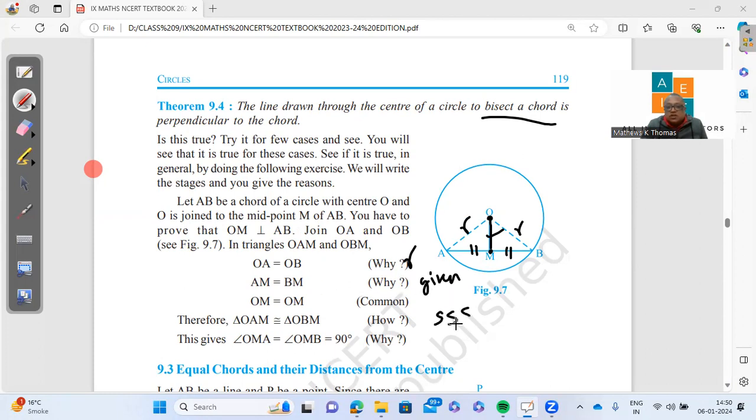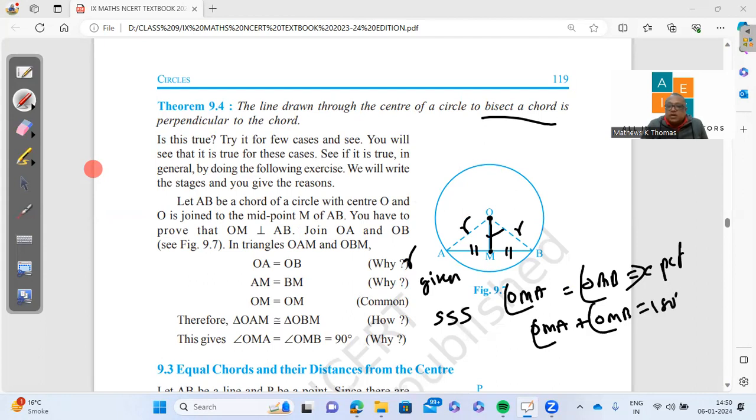And if the triangles are congruent, then angle OMA equal to angle OMB, CPCT. And we know that angle OMA plus angle OMB will be 180, linear pair. By linear pair, this total is 180 and they are equal, therefore they have to be 90 each.